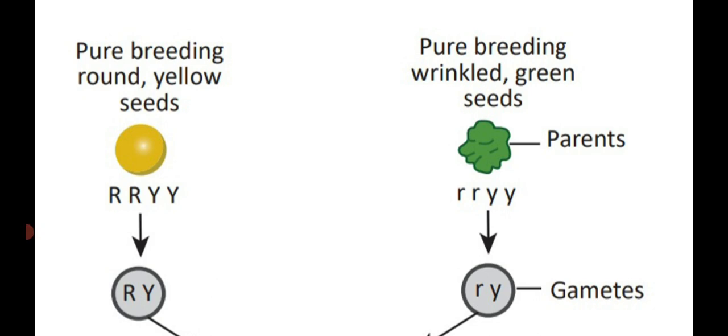See that one, pure breeding round yellow seeds is crossed with pure breeding wrinkled green seeds. They are containing the genes. Two genes are there. What are the two genes?